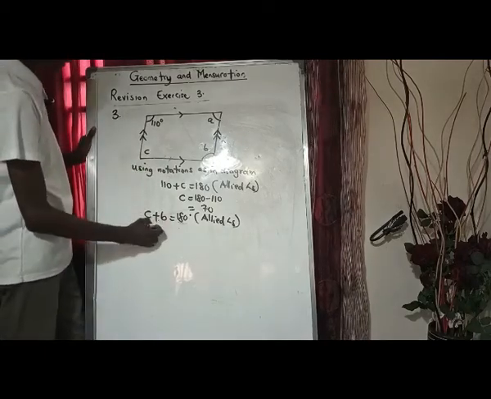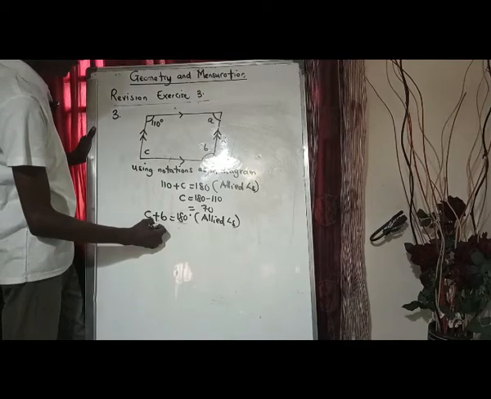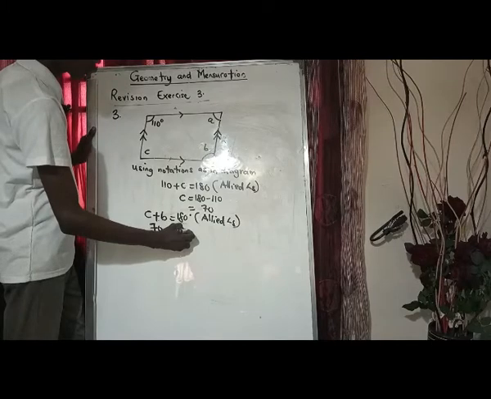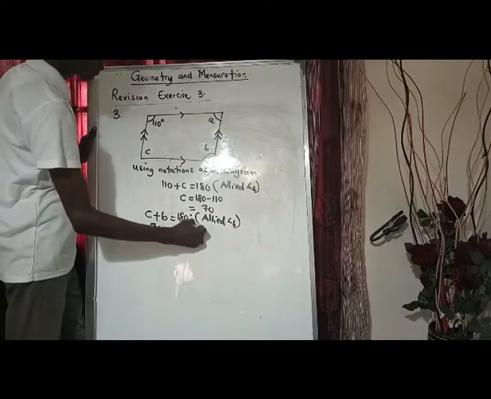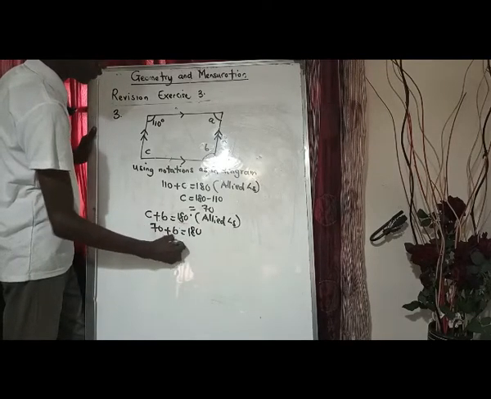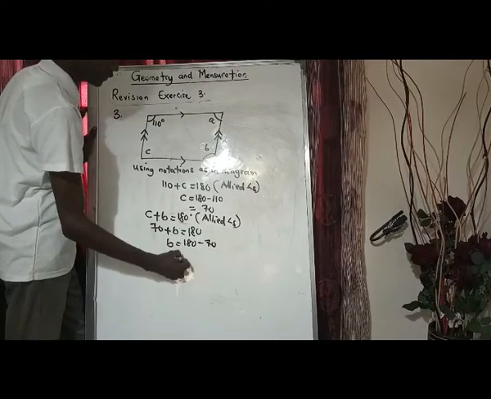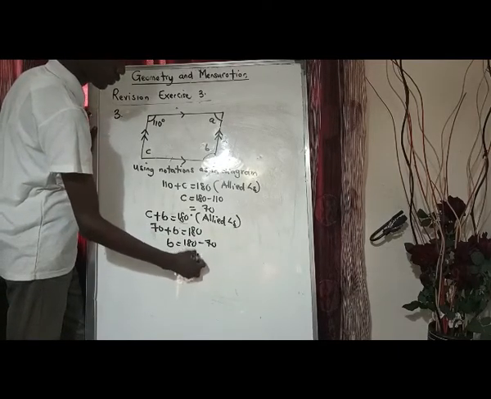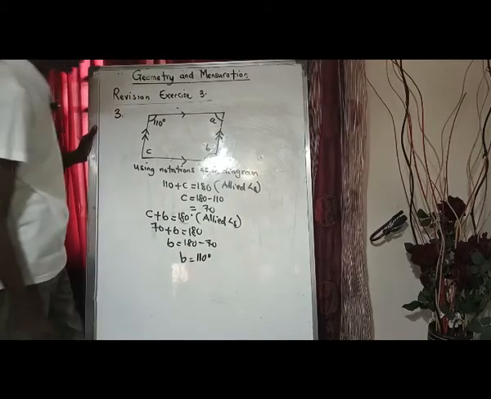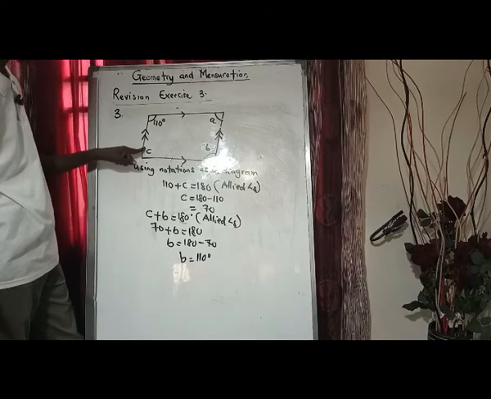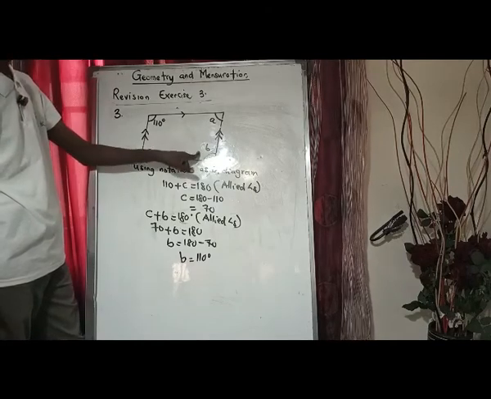So I know that 70 plus B will be equal to 180 degrees, which means that B will be equal to 180 minus 70, and B will be equal to 110 degrees. So we know that C is equal to 70 degrees and B is equal to 110.